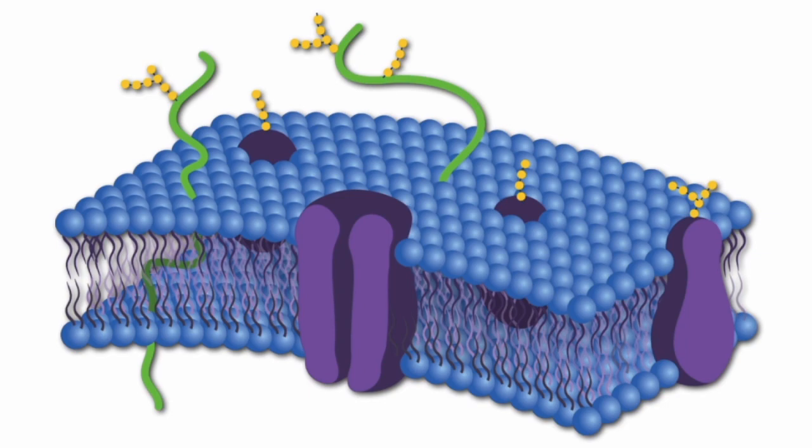Well, this creates a structure where hydrophilic molecules cannot pass freely through, yet lipophilic, or you could say hydrophobic molecules, can pass through because both are made up of roughly the same stuff.